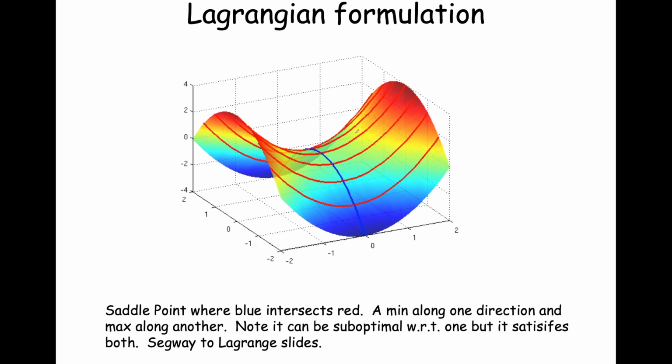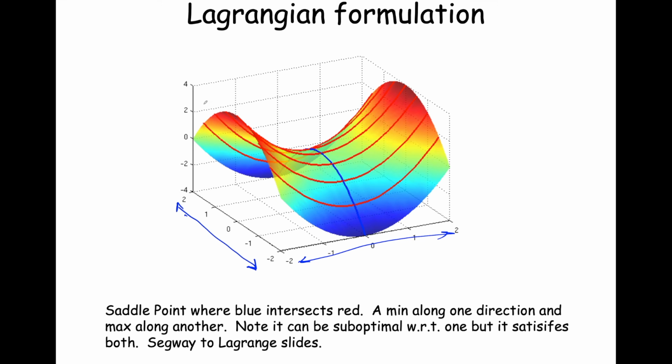In a saddle point, and this is an illustration of a saddle point, it's called a saddle point because it looks like a horse saddle. And here, the saddle point corresponds to where the blue contour lines intersect the red contour lines. Now, if we look at this surface, we have two variables, this front edge going back and forth, and this other edge going front and back.